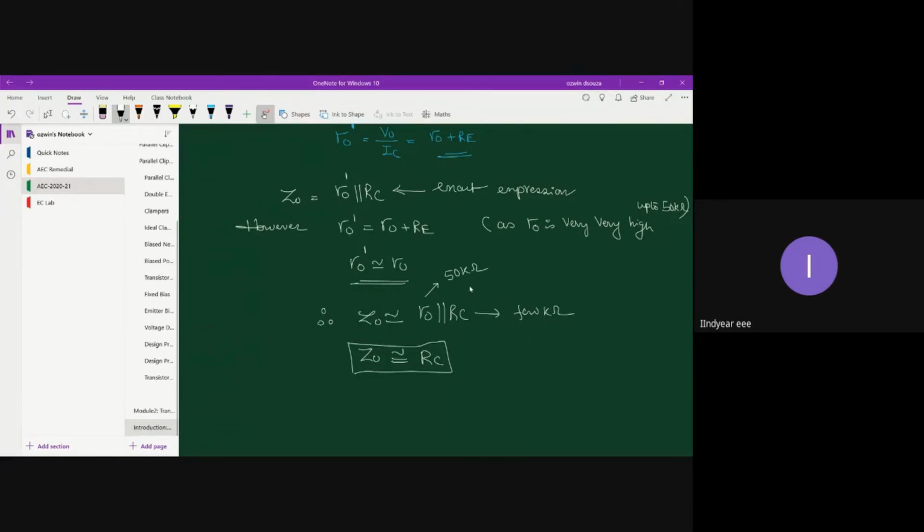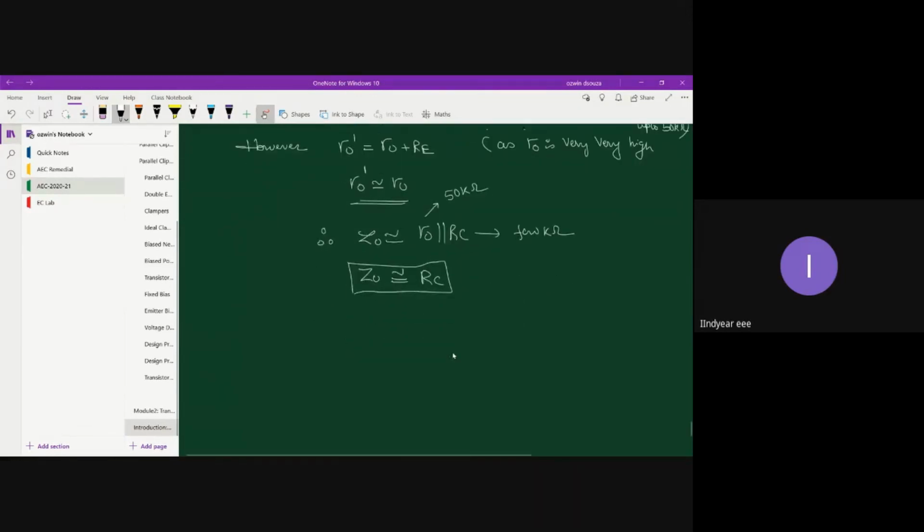So when you have a tens of kilo ohm resistor connected across a few kilo ohm resistor, the output impedance is going to be very close to the few kilo ohm resistance value. On that note, I can say that Z0 is approximately equal to RC. So that's your output impedance.